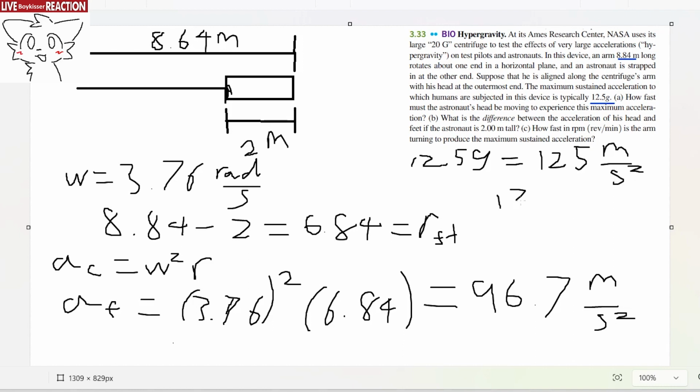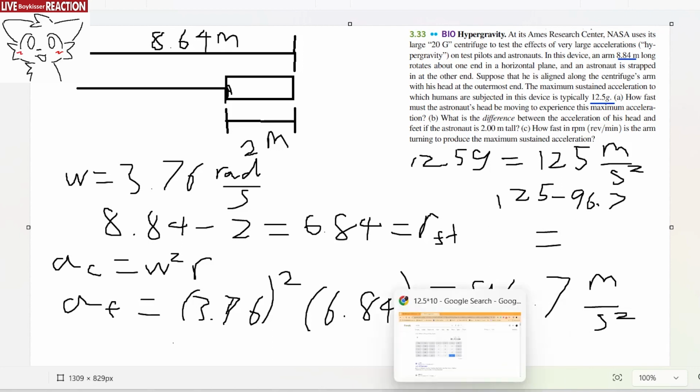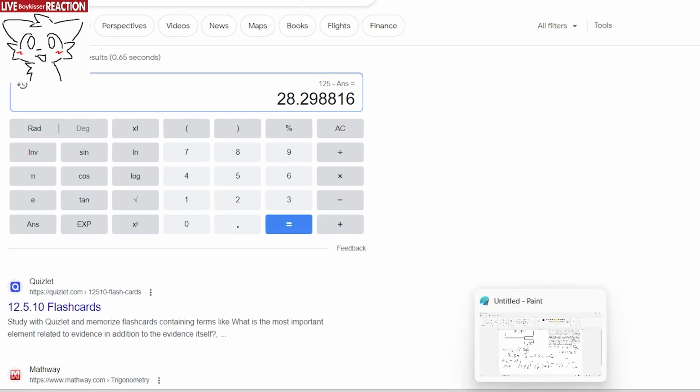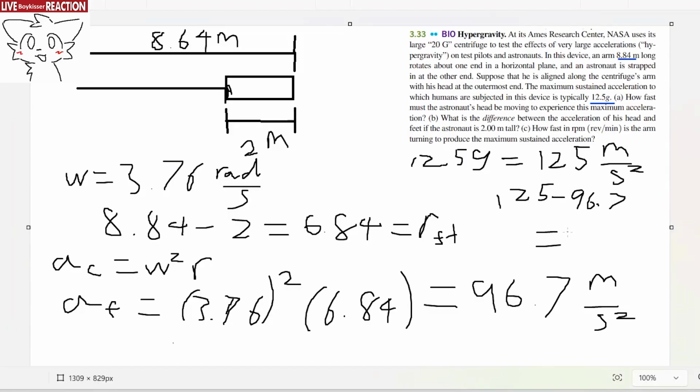And 125 minus 96.7 equals about 28.3 meters per second squared. And that is the difference in acceleration between the head and the feet.